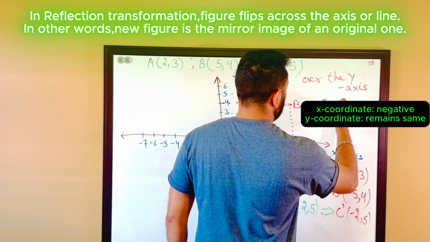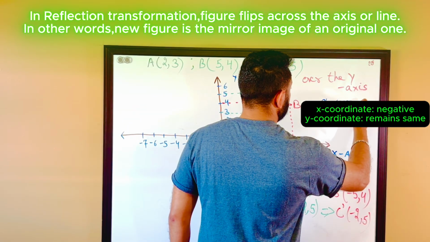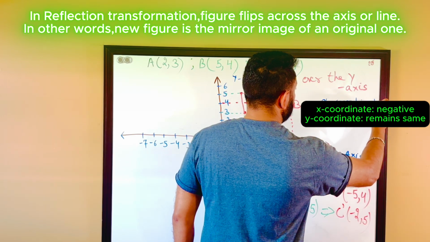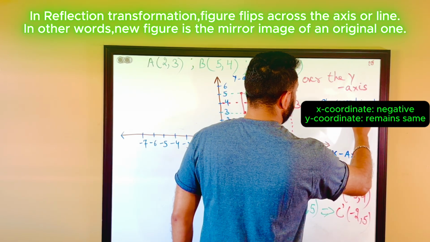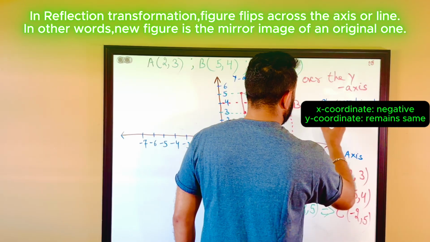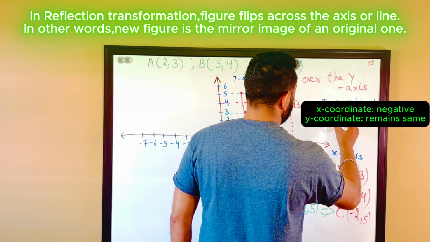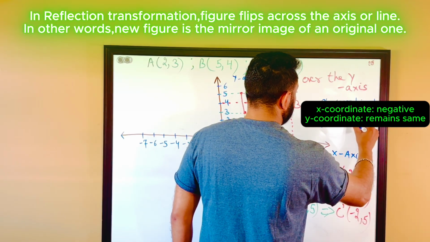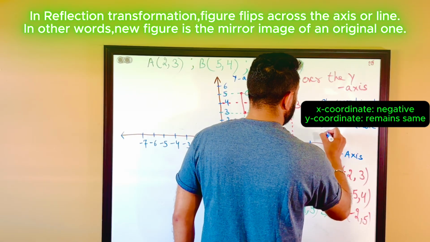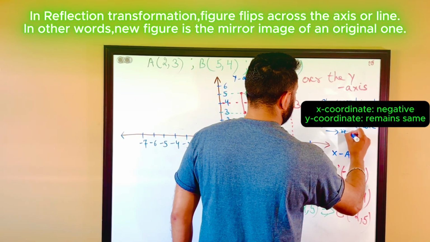So that means the x coordinate will be negative and the y coordinate remains the same.